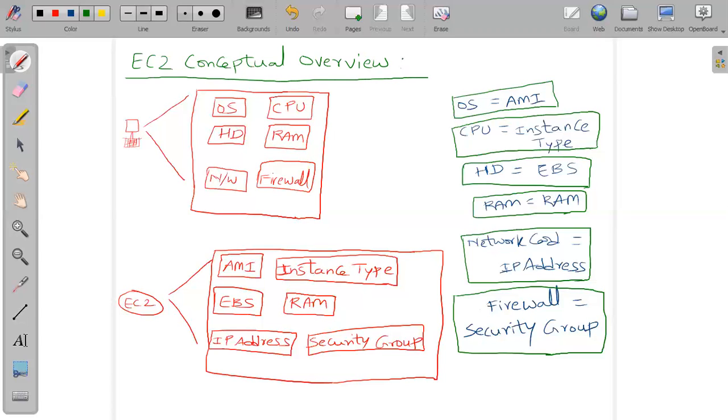EC2 conceptual overview. Always remember this, that's all. Clear? Any questions here? Let me unplug this so that I can keep it.